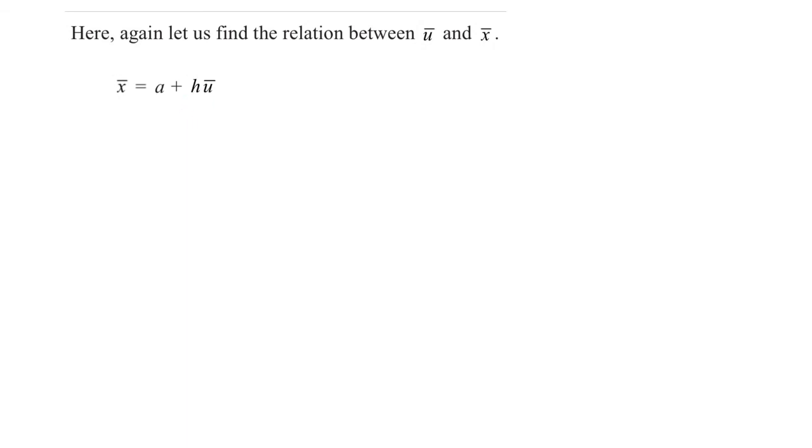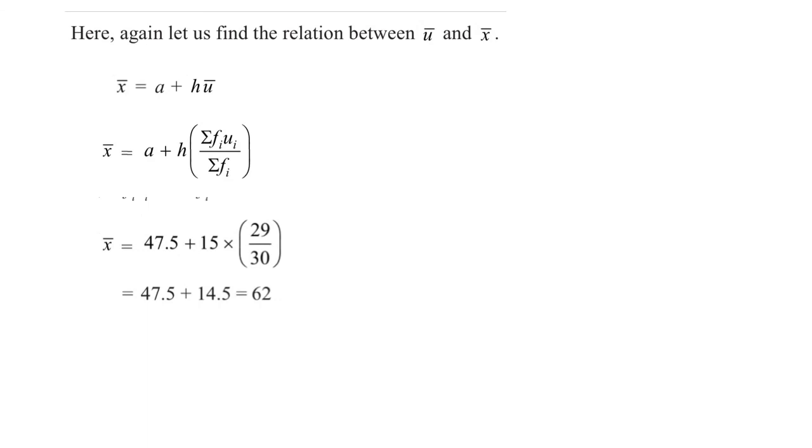So what we get over here now is a plus h times u bar. We can now plug in the values, and that's going to be a is 47.5 plus h, the class interval, is 15, times 29 over 30, and you get 62.